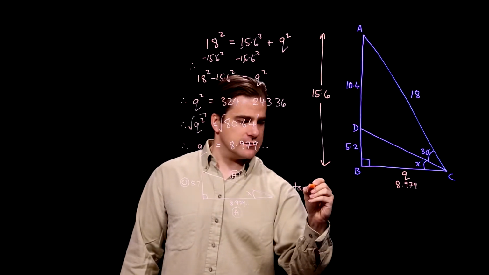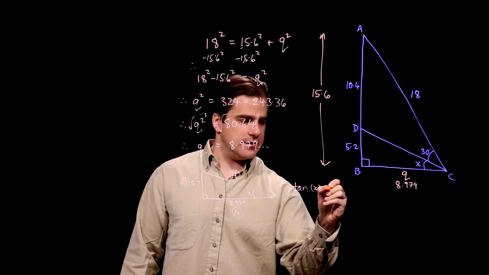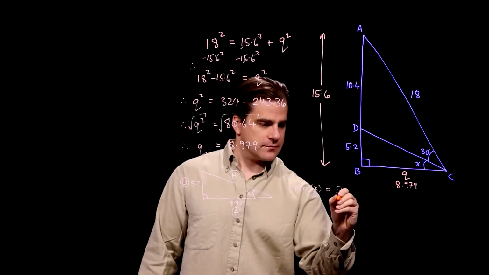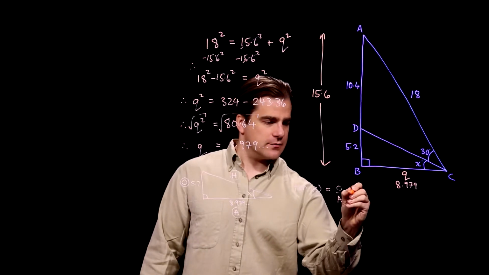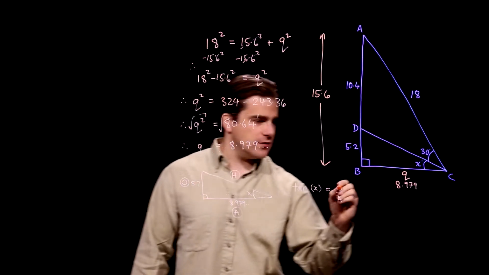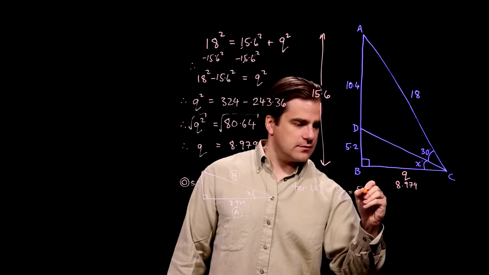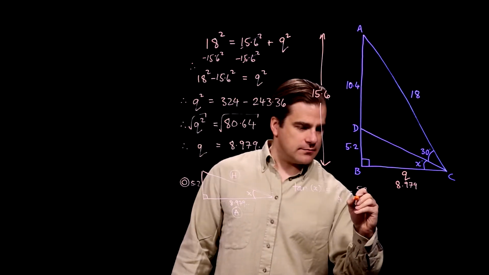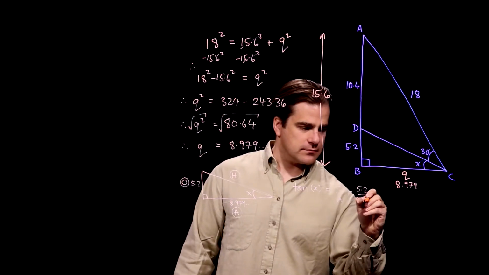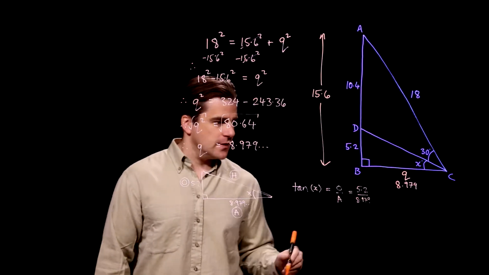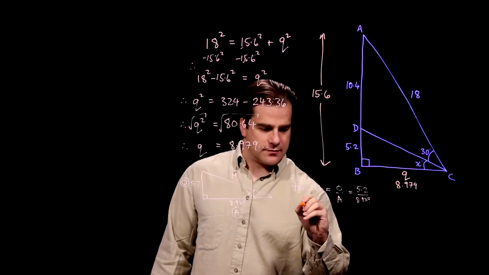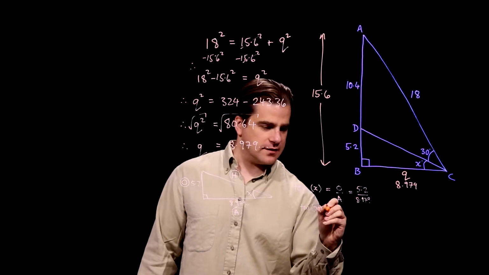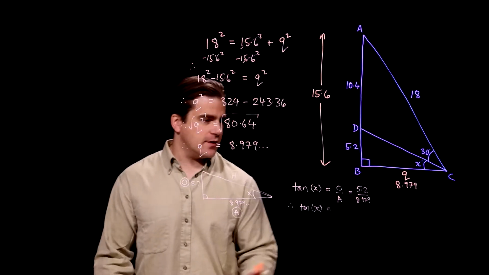Tan of x is the opposite over the adjacent, which is 5.2 over 8.979. Therefore, tan of x is 5.2 divided by 8.979.